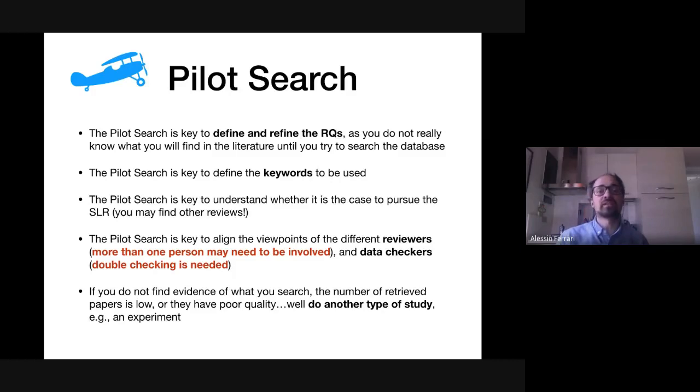So you need to start the research in that direction, and do another study on that topic, for example, an experiment. But still, you need to motivate that the study is actually needed.